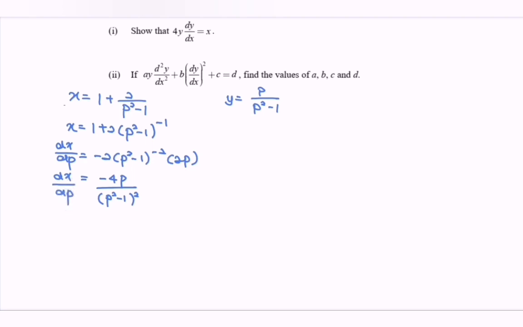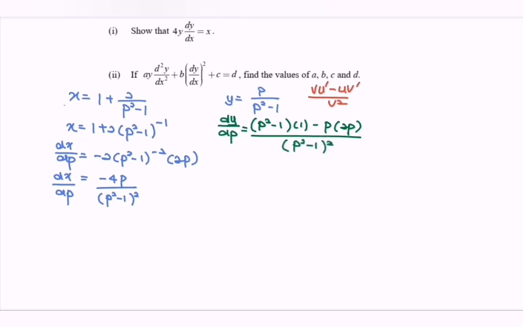Focus on the y. We are going to make use of the quotient rule: (v u prime minus u v prime) over v squared. So let's begin. dy/dp equals v, so we have p squared minus 1, times the derivative of u, which is 1, minus p times 2p, over (p squared minus 1) squared.